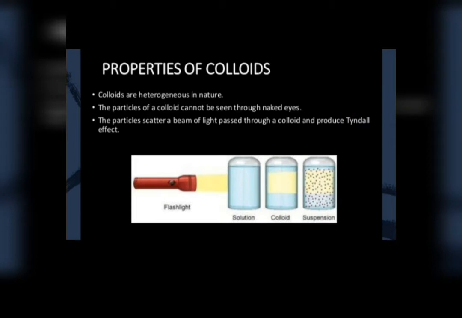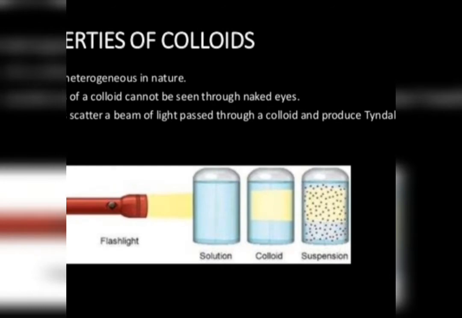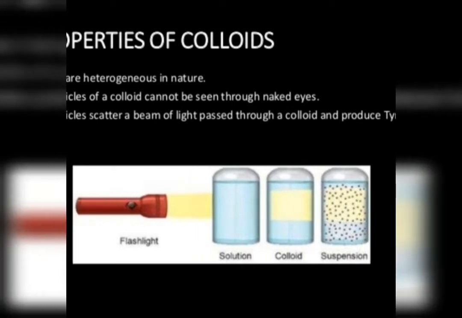As I told you, the colloidal particles are big enough to scatter light. So what happens if a beam of light is put on a colloidal solution? As you can see here, I have taken three mixtures: solution, colloid, and suspension. Through a solution, you cannot see the beam of light. But through suspensions and colloids, a beam of light is visible because the particles are big enough to scatter light.